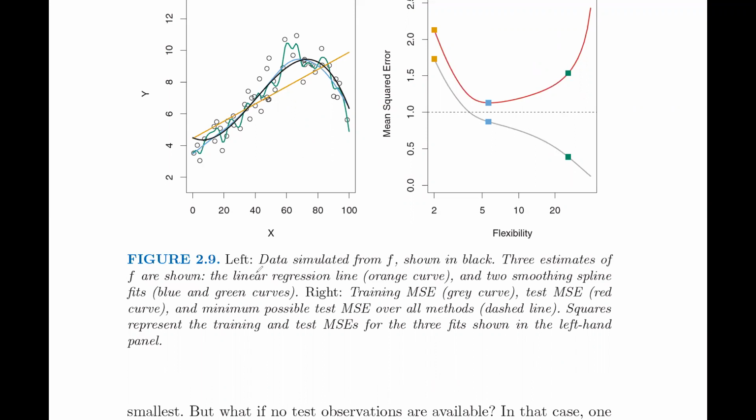And what happens is that usually the more flexible the model is, the more it's allowed to follow the observation data more closely, on a more granular level, then although it's going to give you a pretty good training mean squared error, when it comes to the test error, it doesn't usually perform that well.